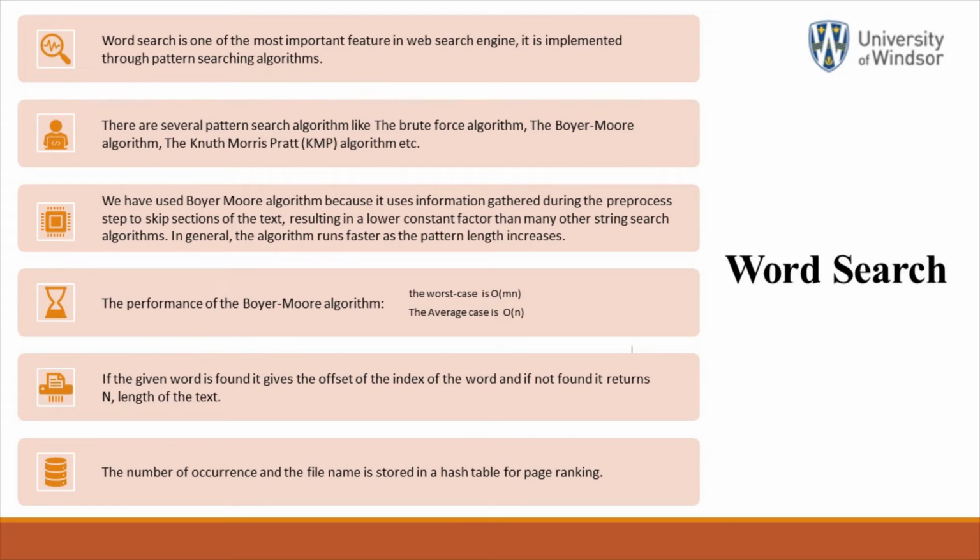For our program, we use the Boyer-Moore algorithm to find the number of occurrences of the word in a text file. Then the occurrence count and the file name are stored in a hash table for page ranking, which will be discussed by my groupmate Likhitha.